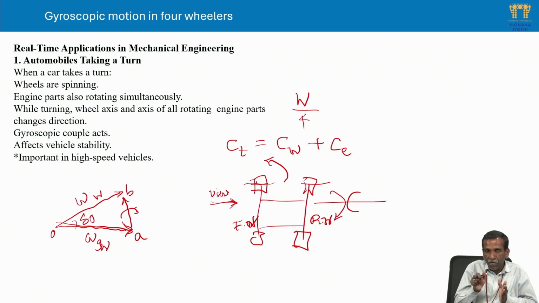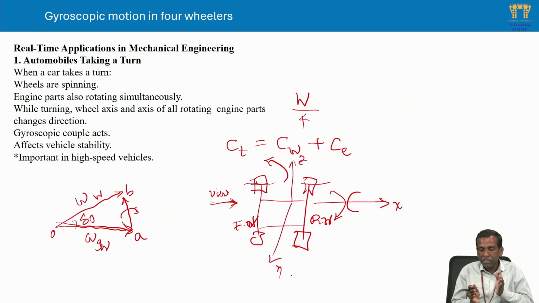Clockwise means about the y-axis it is going to rotate. This is the x-axis, perpendicular is the z-axis, and this is the y-axis. About the y-axis, because of the gyroscopic couple, the vehicle is going to take a clockwise rotation.